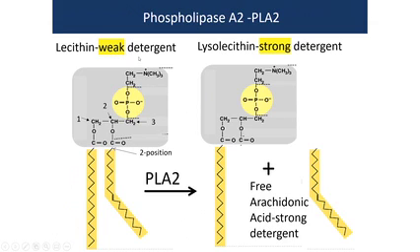But lecithin is a very weak detergent, and phospholipase A2 removes this fatty acid in this particular portion, and it breaks it down into what is called lysolecithin, which is a very strong detergent. And also the most common lecithin has arachidonic acid as the fatty acid, and arachidonic acid is also a strong detergent. So phospholipase A2 converts a very weak detergent into two very powerful detergents.